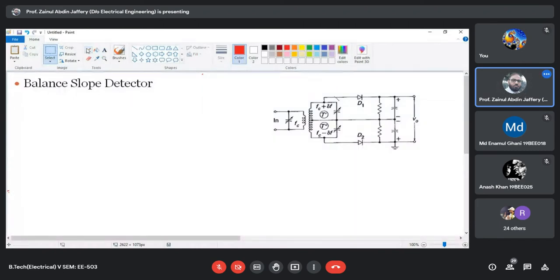What we are doing in this circuit is simply two slope detectors. You see here, this is the first circuit, so this is one slope detector, and this is another slope detector. They are connected in parallel. So the balanced slope detector is that, what happens if you see its diagram.